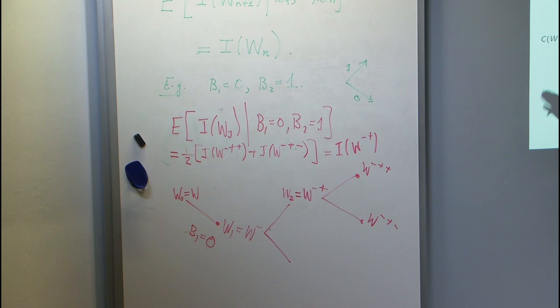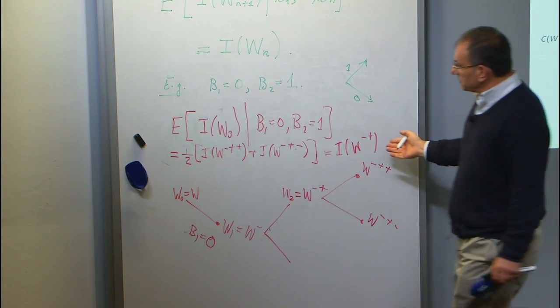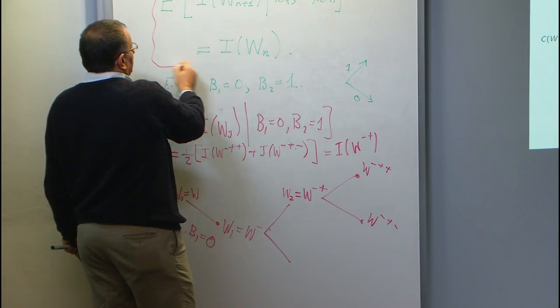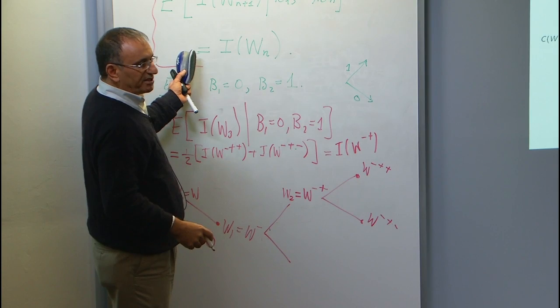I'm writing the same equation all the time, regardless of the depth. This is the entropy conservation law. But this is precisely what being a martingale means. Okay, so that's it.